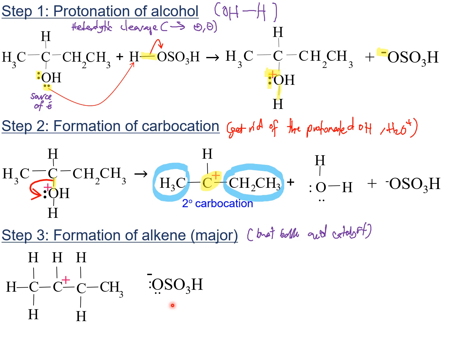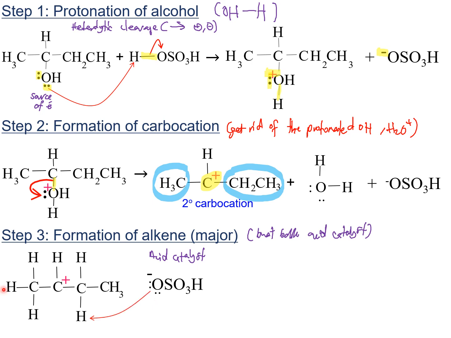Okay, so what will happen here, this acid catalyst, dia akan reclaim, dia akan ambil balik dia punya hydrogen supaya dia dapat jadi balik H2SO4, because catalyst is not used up in the reaction. Okay, so dia hanya akan speed up the reaction, so therefore you have to make sure dia dapat balik hydrogen dia.